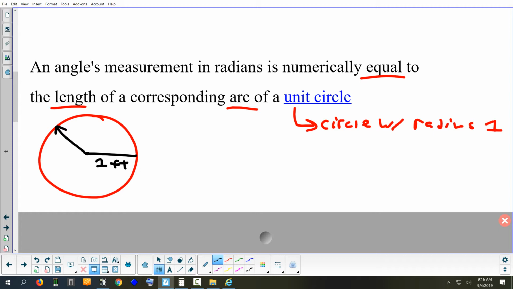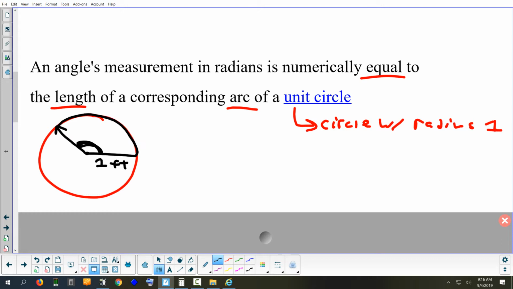Let's say you had a protractor that measured in radians. Most protractors measure in degrees, but let's say you had one that measured in radians. And you take your protractor and you measure that angle in radians right there. And you write that number down. Then you take a piece of string and you put the piece of string on top of that arc.